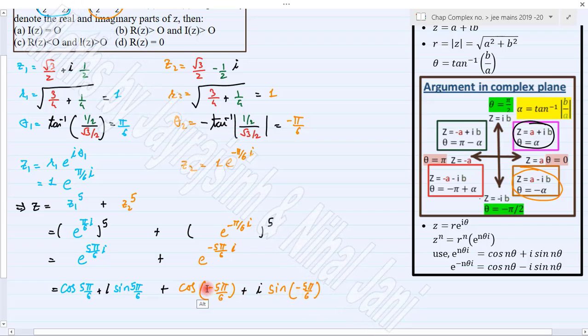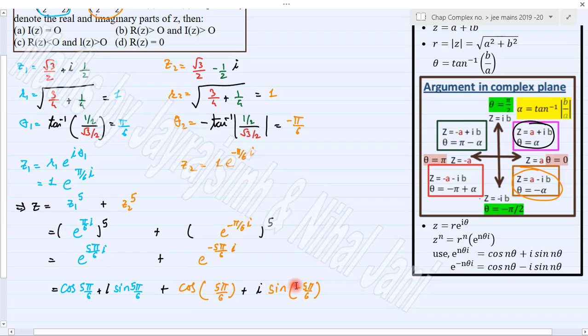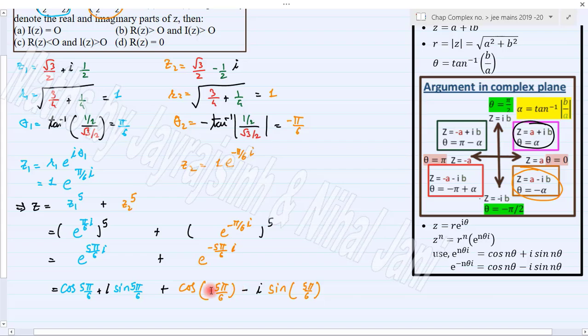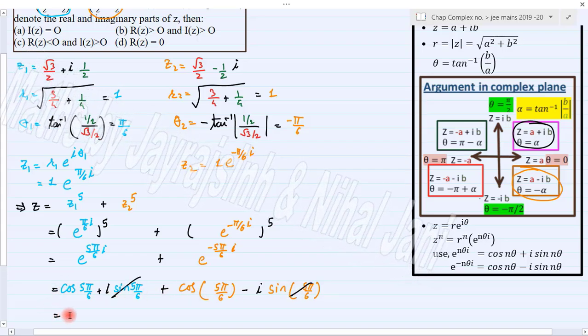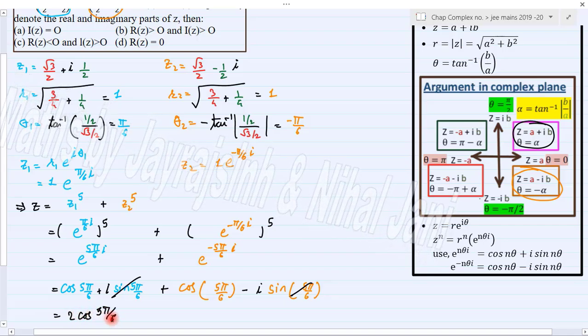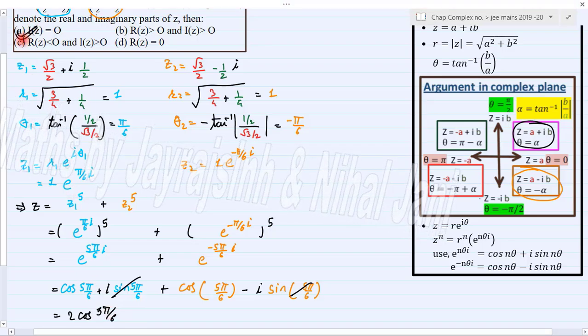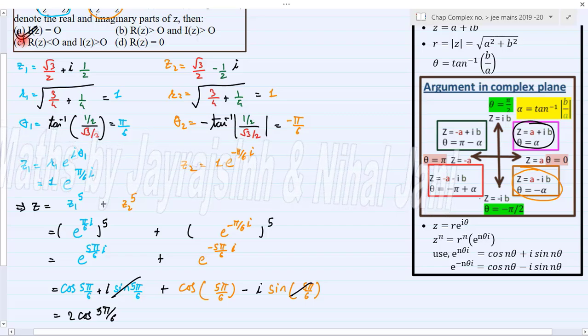And we know that cos is an even function, so that will be cos 5 pi by 6, and sin will be minus sin 5 pi by 6. So the imaginary part will be cancelled out and the complex number will become 2 times cos 5 pi by 6. So here the correct option is option A, where the imaginary part is 0. Ta-da!